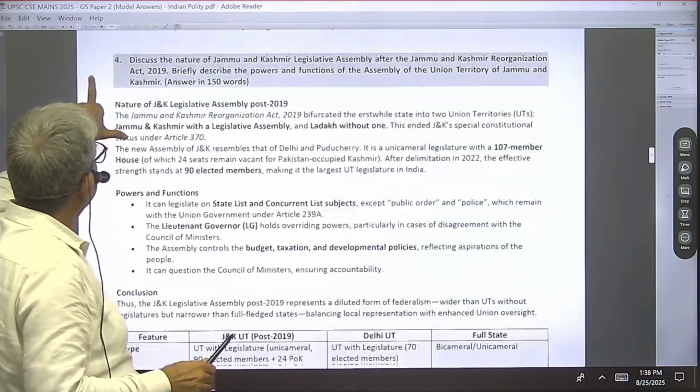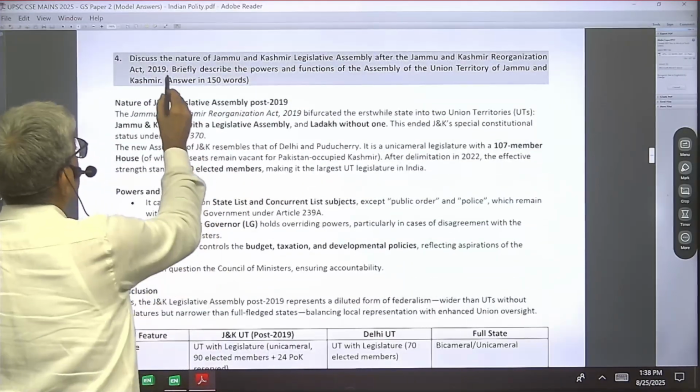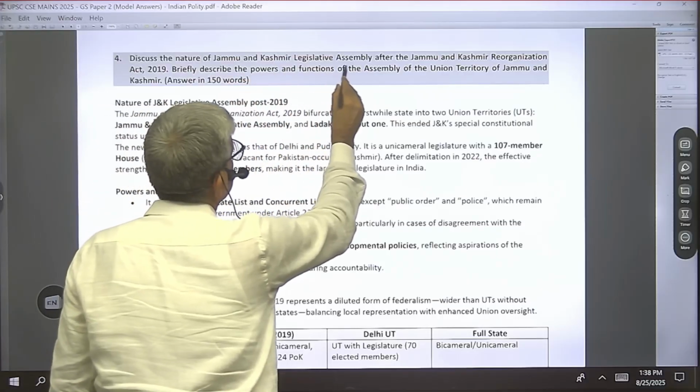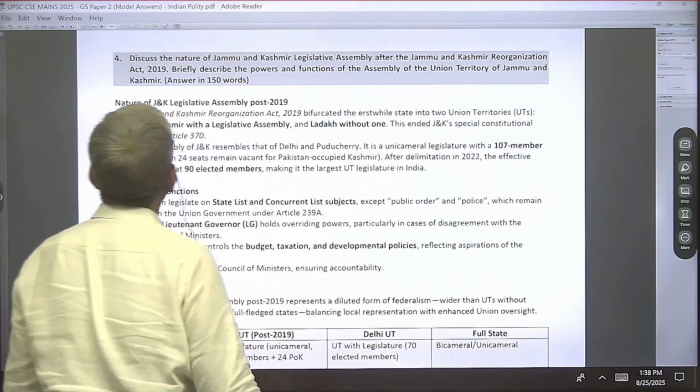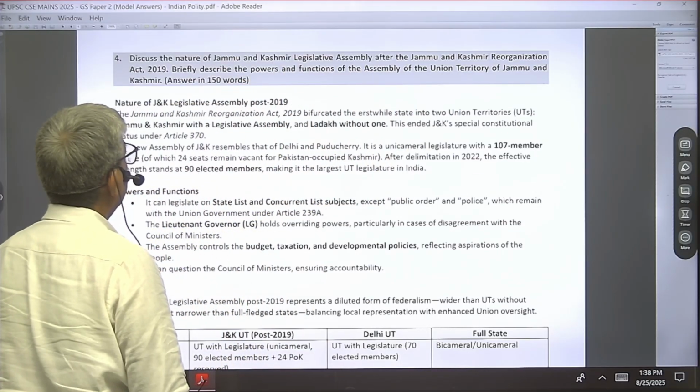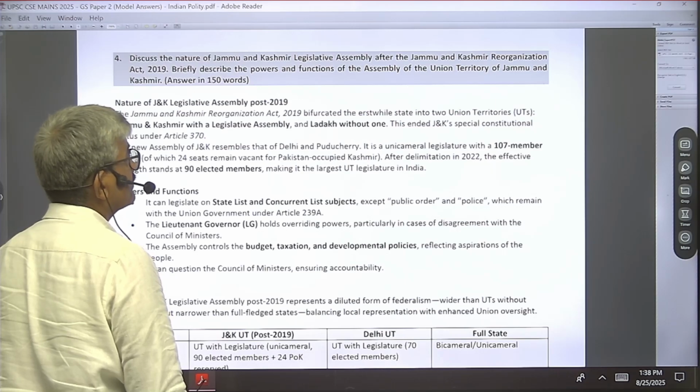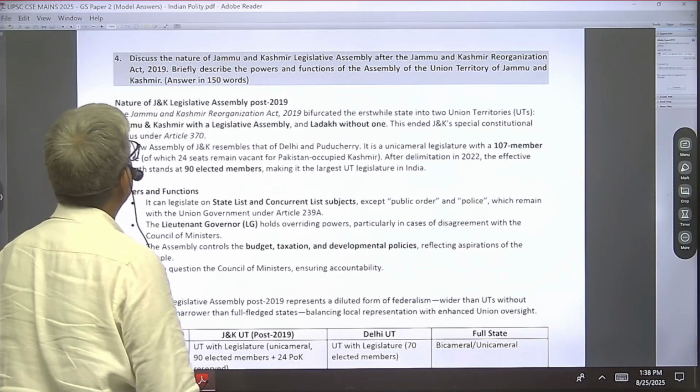Next question is about the nature of the Jammu and Kashmir Legislative Assembly after the Jammu and Kashmir Reorganization Act 2019. Briefly describe the powers and functions of the Assembly of the Union Territory of Jammu and Kashmir.